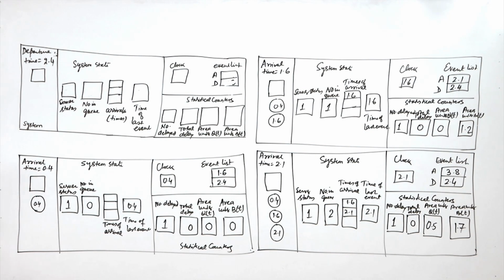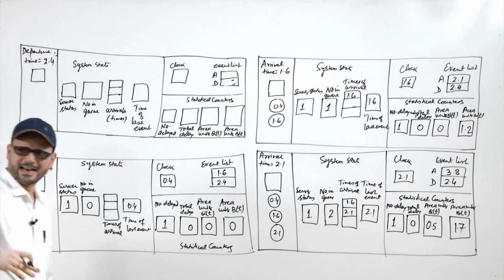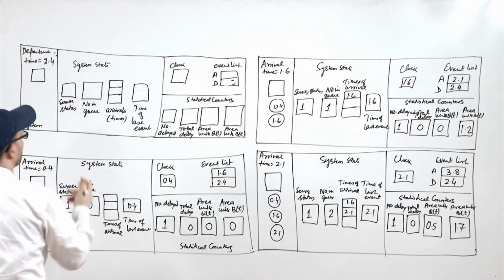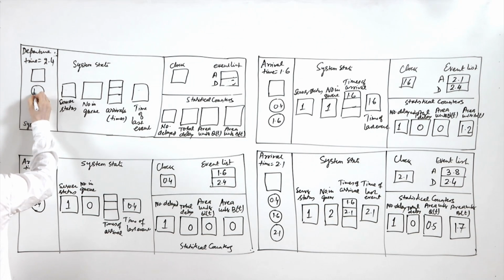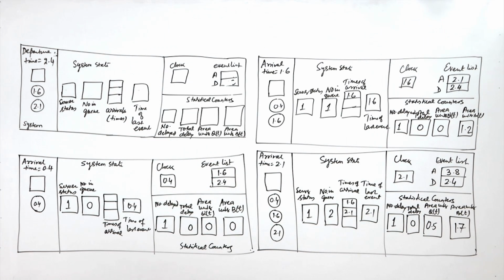At this time, if you look at the server, the customer who was just in front of the server has departed. So, now the customer whose arrival time was 1.6 is followed by a customer in the system whose arrival time was 2.1.